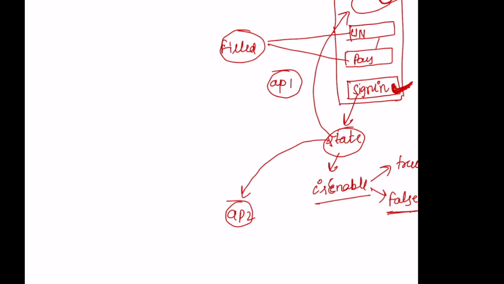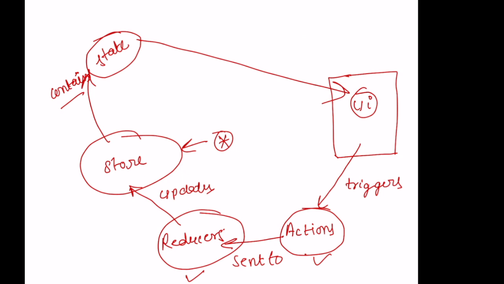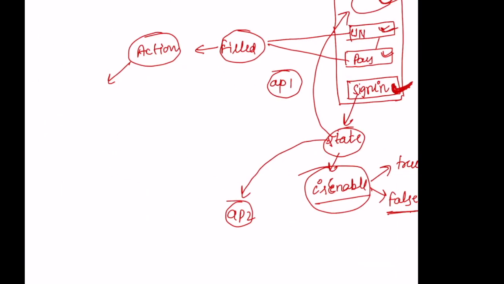If either the username or password is not filled, then we have to make isEnabled false, right? So if both username and password are filled, then we have to trigger an action.